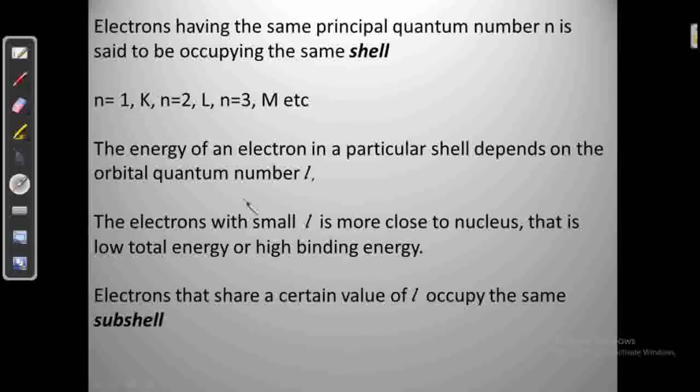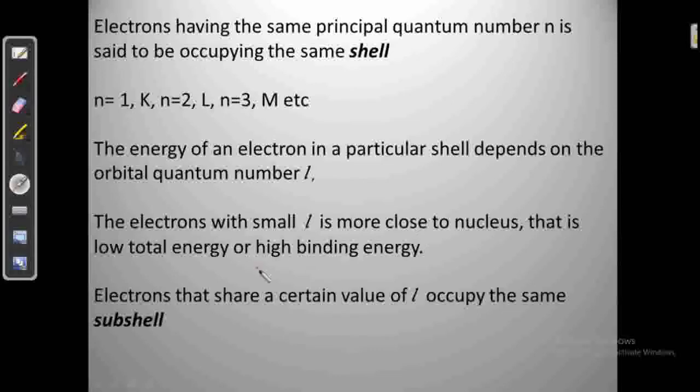So with increasing l, the electrons in l equal to 2 have more energy than electrons in the l equal to 0 orbital. The electrons with a small l are closer to the nucleus, that is, they have low energy or high binding energy.